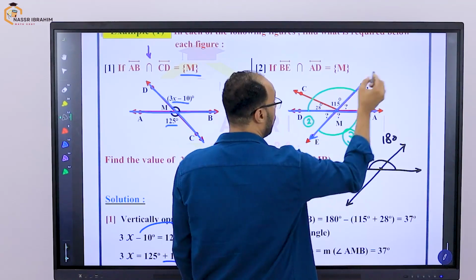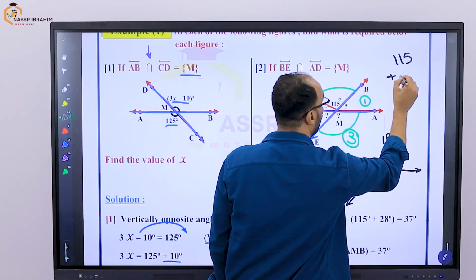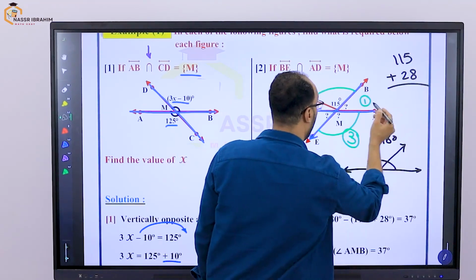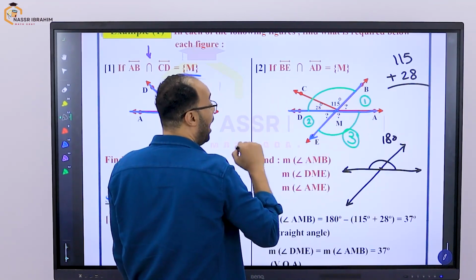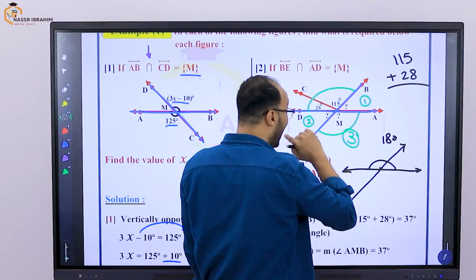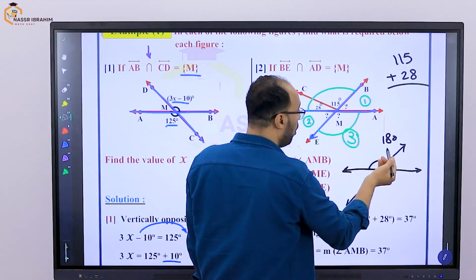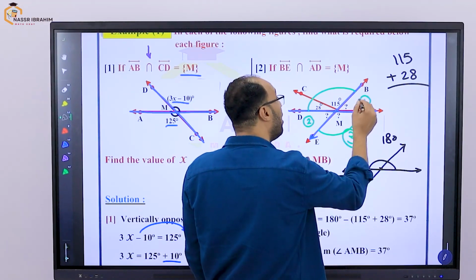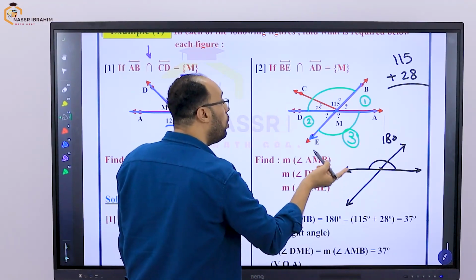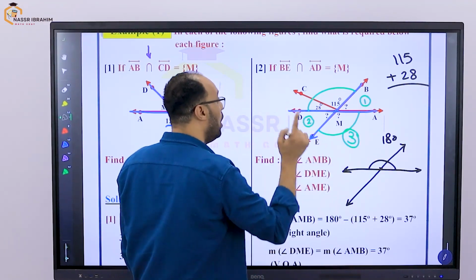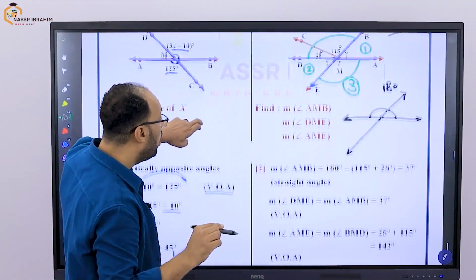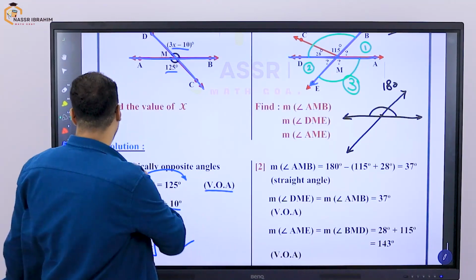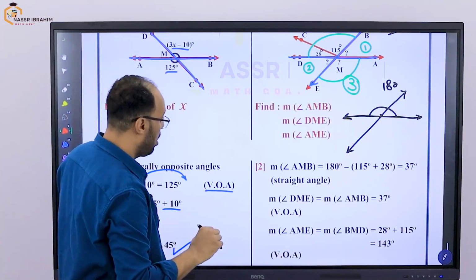We can add them, and it will be the measure of the angle BMD, all of it. Then we can subtract it from 180, supplementary angles, to get the measure of angle 1 or angle 2, because angle 1 and angle 2 are equal.